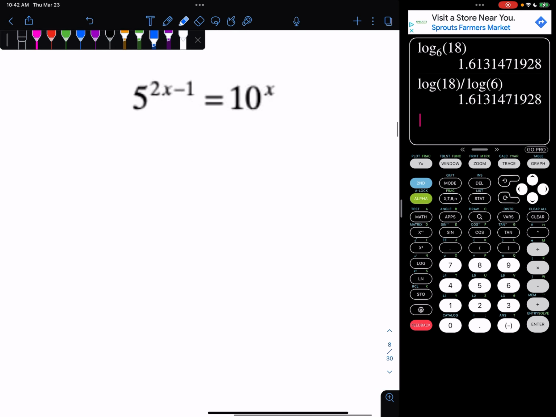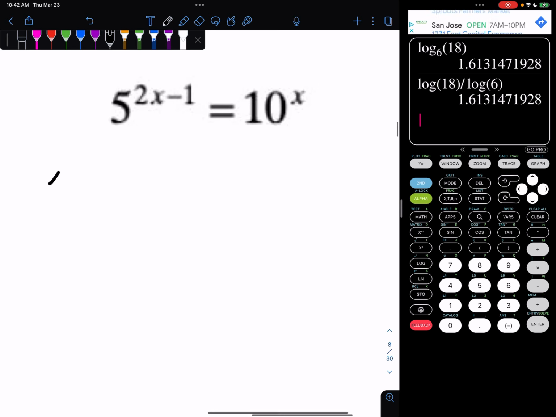So for the last one, on this example, we're going to look at this problem and see how we have a 5 and a 10. We're going to put log of base 10 to both sides.